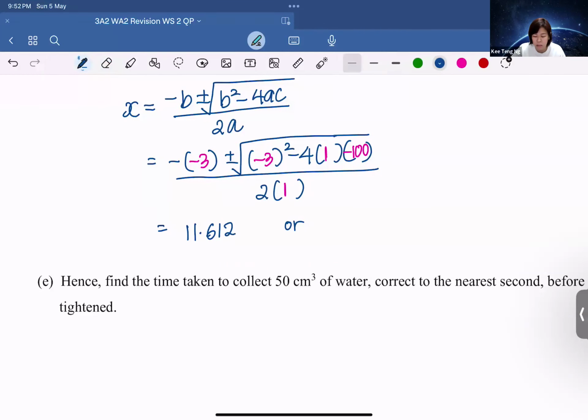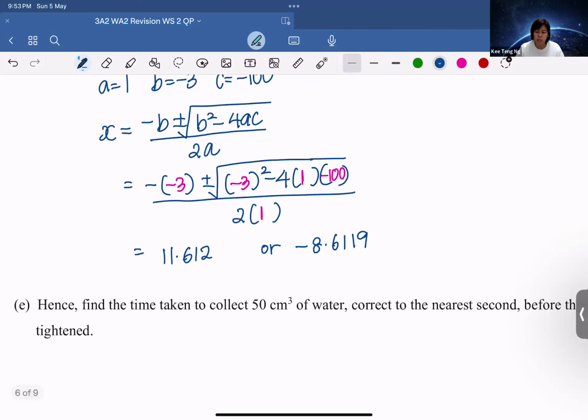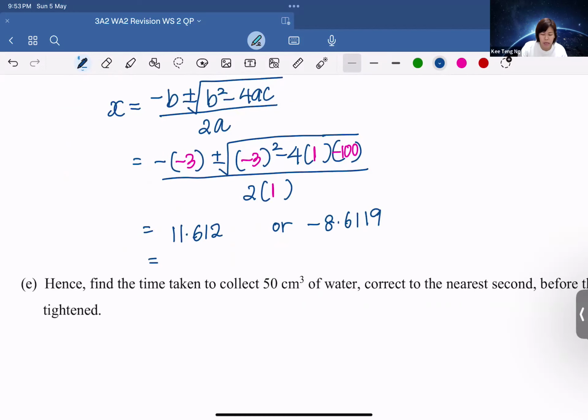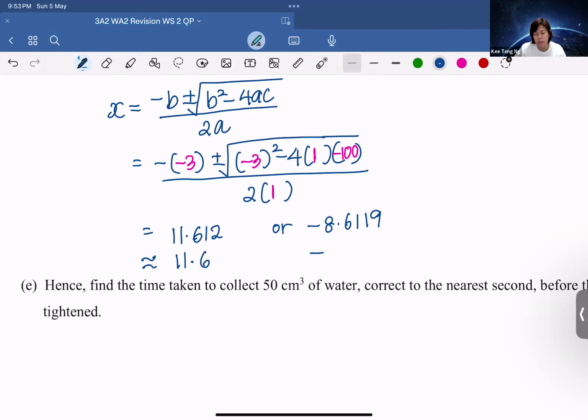My second answer, negative 8.61189. Then my question says correct answer to 1 decimal place. So I should write these down as 11.6, or negative 8.6.